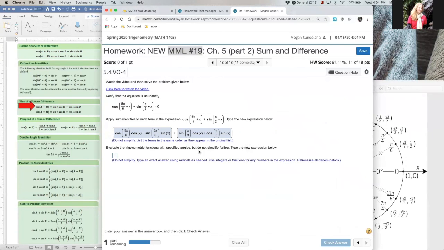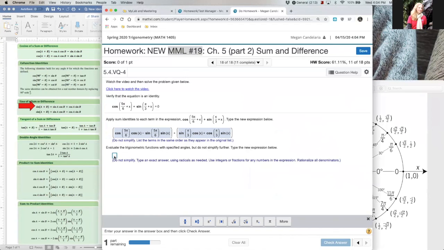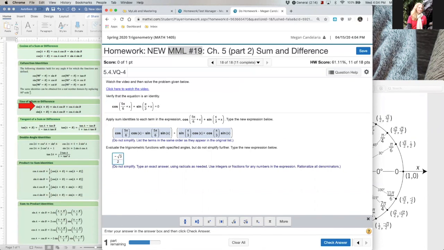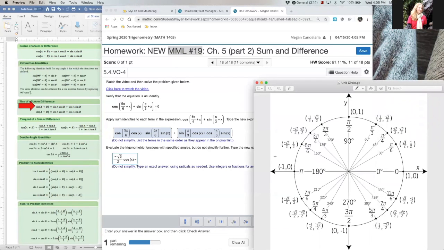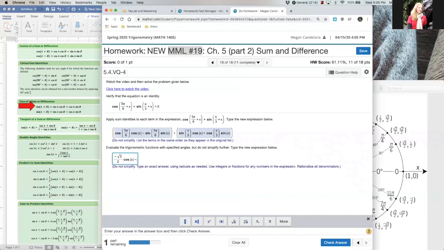So notice that this is specifically saying do not simplify. So MyMathLab literally wants us to say cosine of 5 pi over 6 is negative square root of 3 all over 2. We can't really do much with cosine of x. Minus, what's sine of 5 pi over 6? Sine of 5 pi over 6 is 1/2, so minus 1/2 sine of x, plus sine of pi over 3.